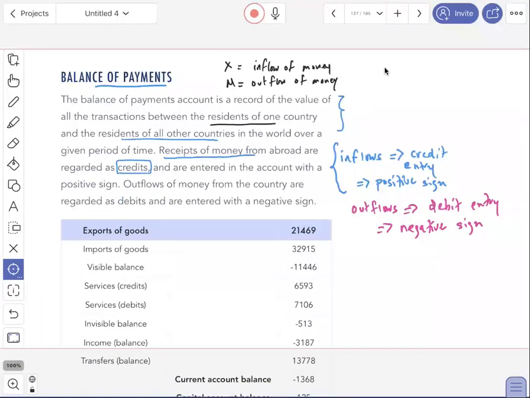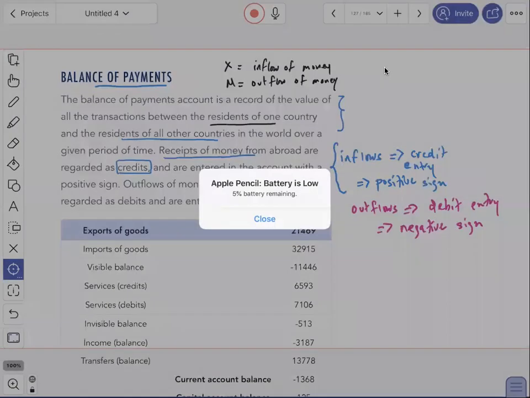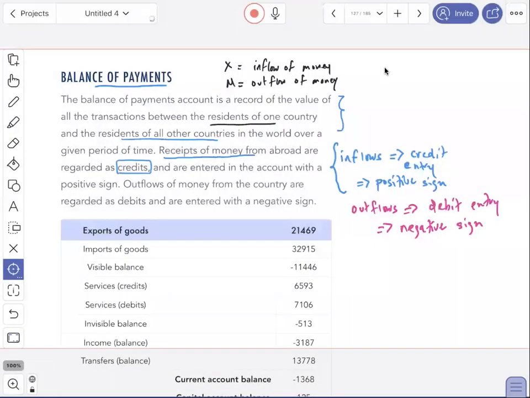Okay, so guys, this is the story of balance of payment. What are the various things that come in balance of payment? We'll talk about this in 1 minute. But you need to remember this: whenever we see a debit entry, a negative sign, you need to understand there must be an outflow, while a positive sign will be an inflow.